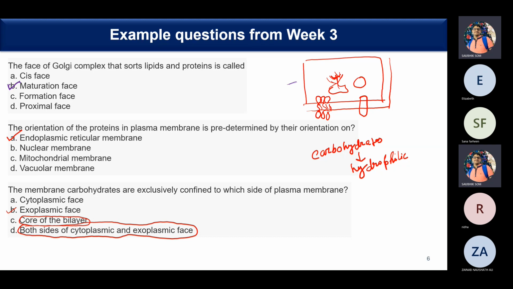Now you know that this carbohydrate tagging, or glycosylation as it is known, is formed in the Golgi.